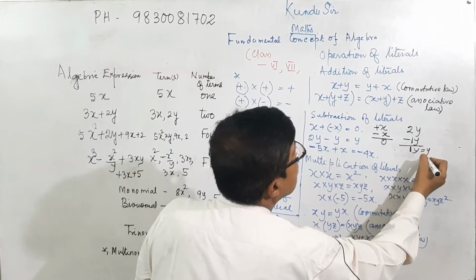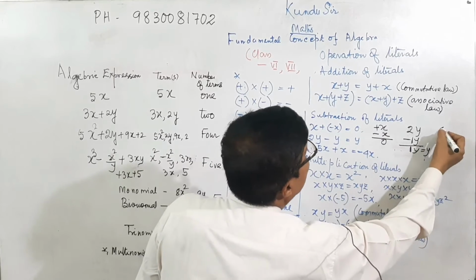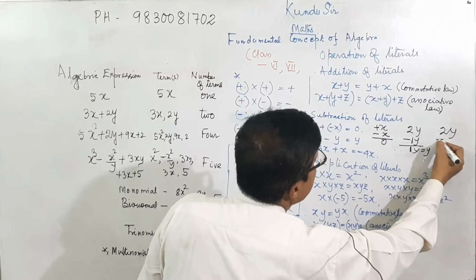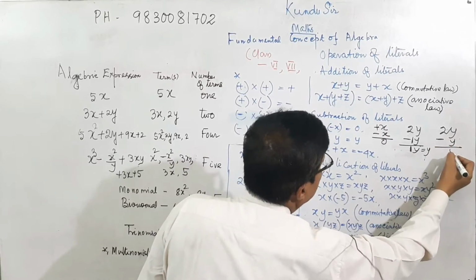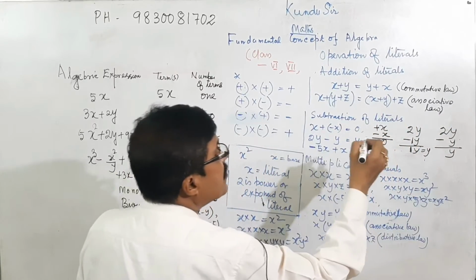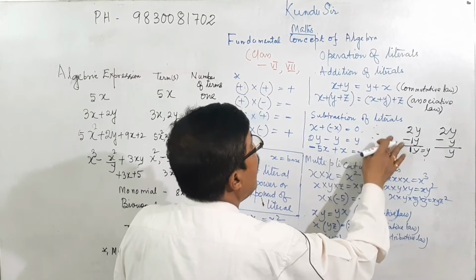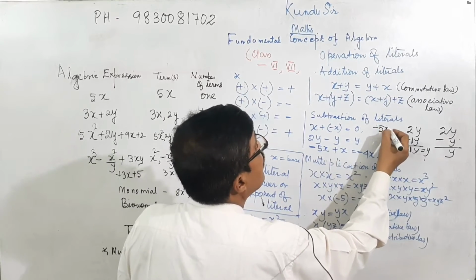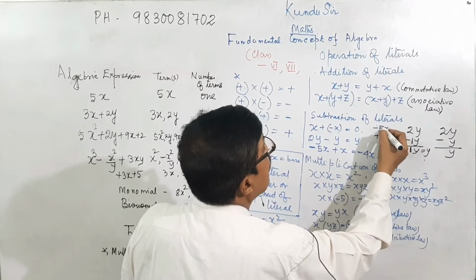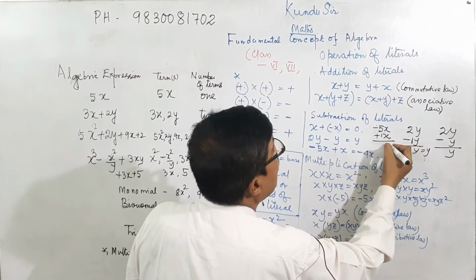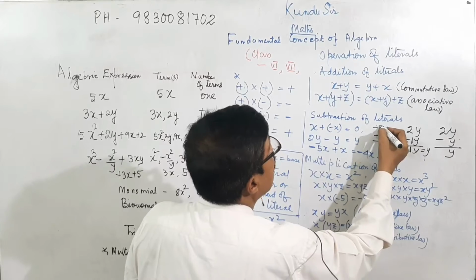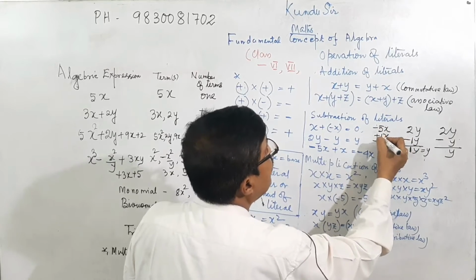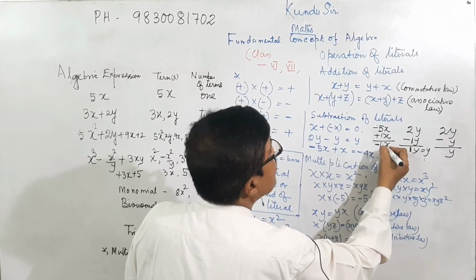Now we can write 2Y minus Y equal to Y. All are the same thing. Now I am writing here minus 5X plus X, that is equal to, 1 here, then X times minus 4 plus 1, equal to minus 4X.